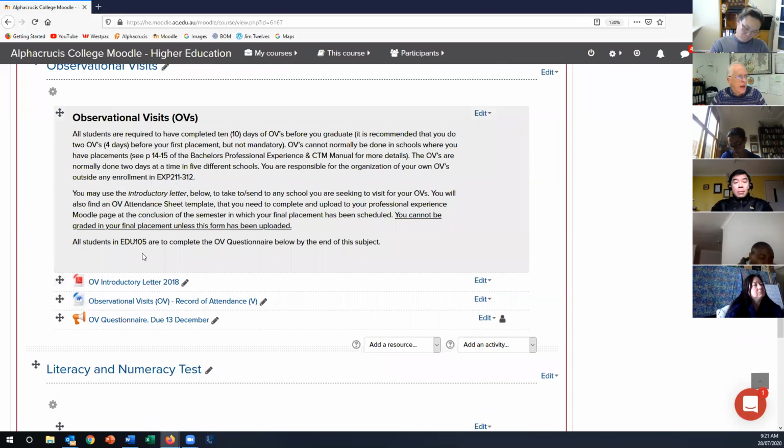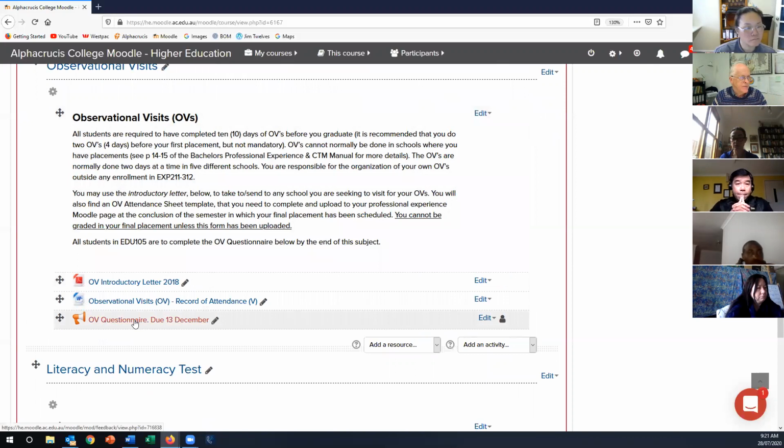Observational visits. Here, you'll notice there's a questionnaire. I'm not asking you to do all your 10 observational visit days this semester, nothing like it. It would be good if you did a couple. But the point of that questionnaire is that you point out that you've read about it, you understand its need, and you've got plans to do it.